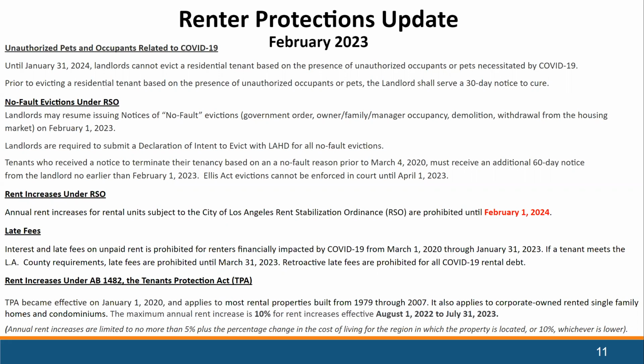Additionally, once January 2024 hits, a landlord must first serve a tenant a 30-day notice to cure before initiating any eviction process against a tenant for an unauthorized pet or unauthorized occupant.